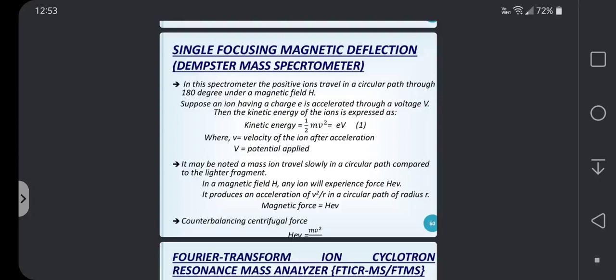Single focusing magnetic deflection, Dempster mass spectrometer.